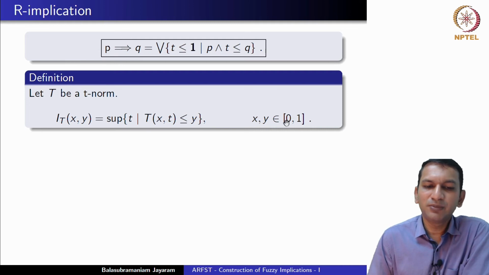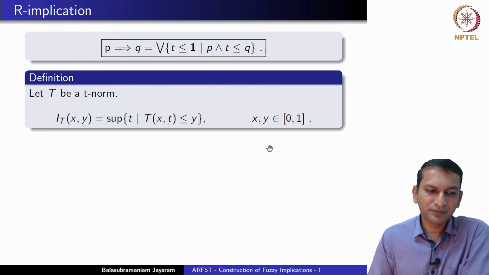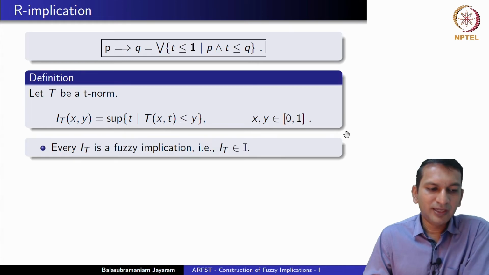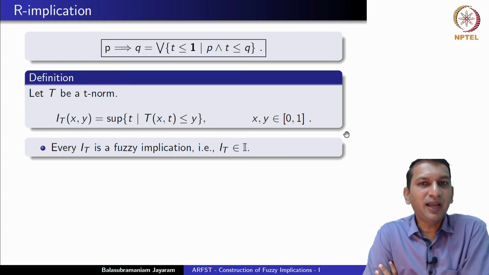This t is actually coming from the 0, 1 interval, which is our set under consideration. So if you define a function I_T from T like this, what can be shown? It can be shown that it is always a fuzzy implication.